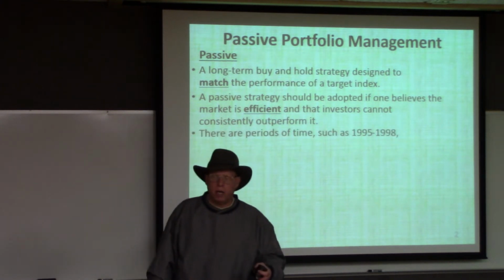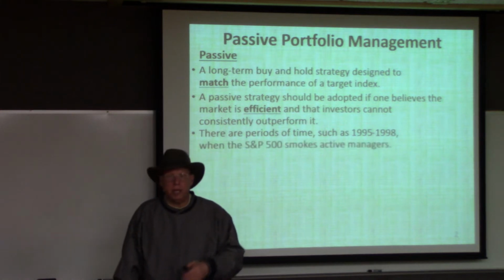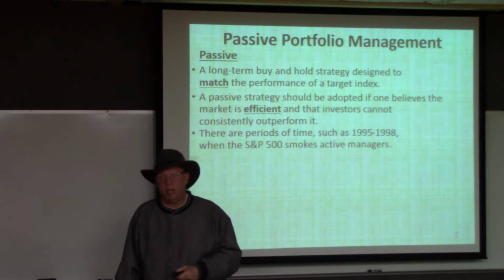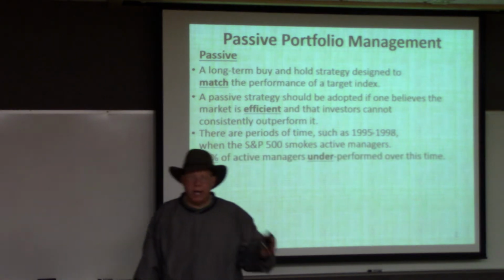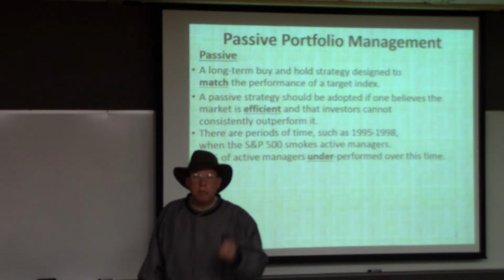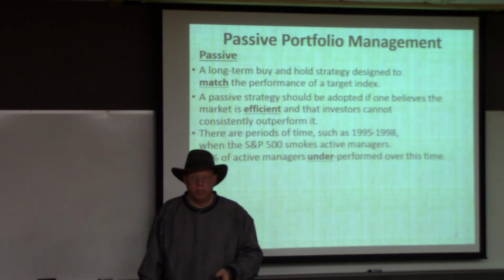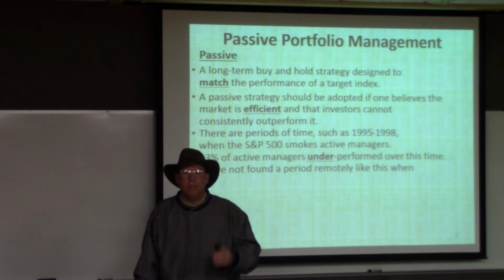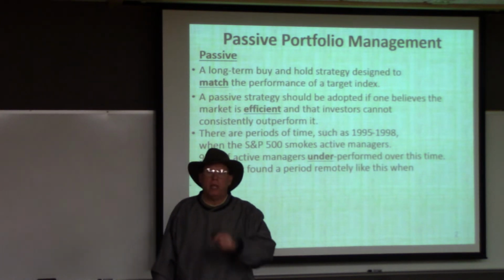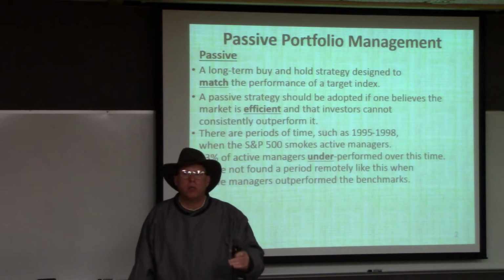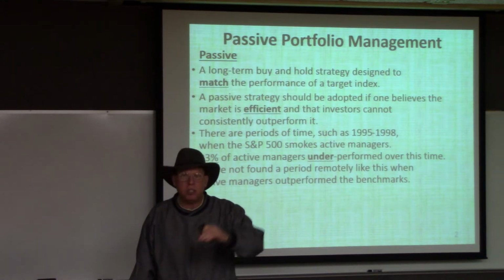There are periods of time, such as 1995 to 1998, when the S&P 500 absolutely trounces or smokes active managers. During that period, 93% of active managers underperformed the S&P 500. I have not found a time period remotely like this when active managers outperformed the benchmarks, and to even the same extent, even close.